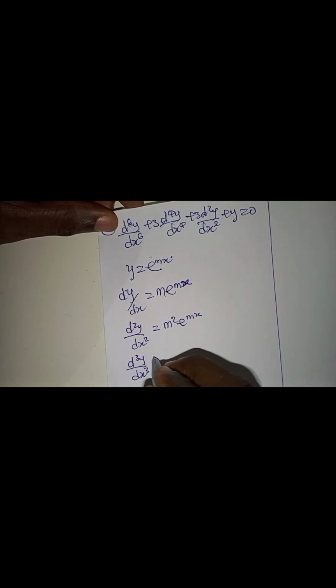For d cubed y over dx cubed, I have m cubed exponential mx. For the fourth derivative, d to the 4 y over dx to the power 4, I have m to the power 4 exponential mx.